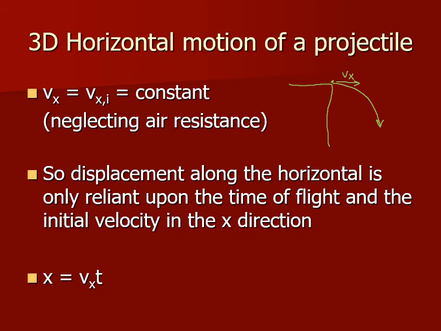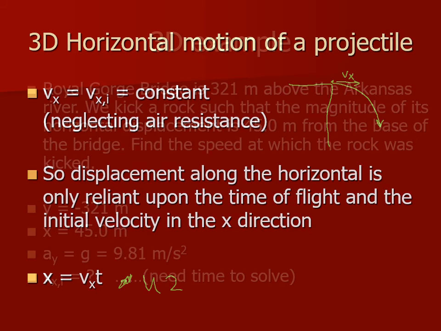We will neglect air resistance. So therefore, the displacement along the horizontal is only reliant upon the time of flight and the initial velocity that it is given in the horizontal or x direction. Therefore, we can use this equation down here, which is a Unit 2 equation. And we had many modifications, or like 3 variations off that equation.